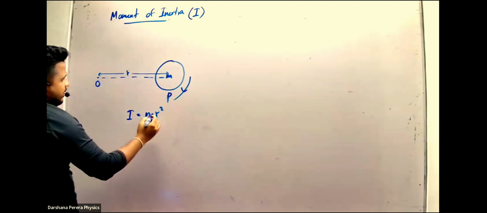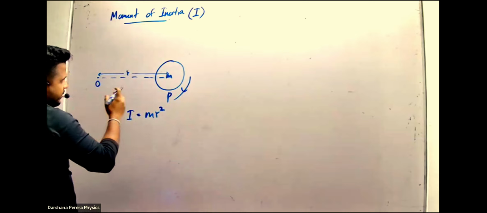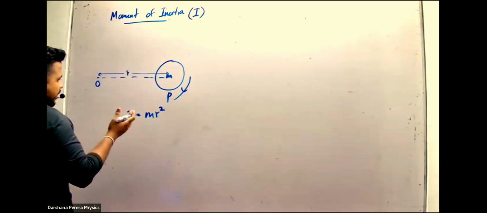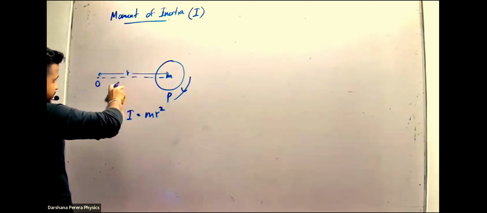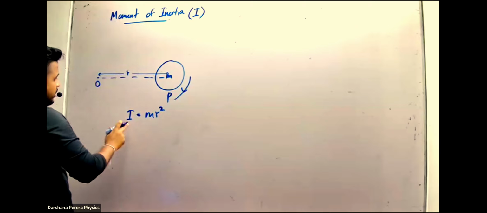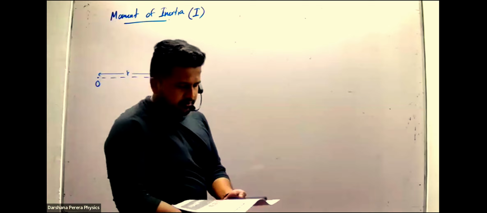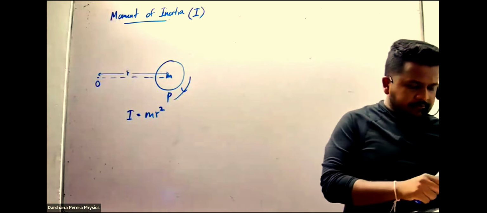It is the theory. When the simple mass rotates with radius r in rotational motion, I equals mr square. Write down.